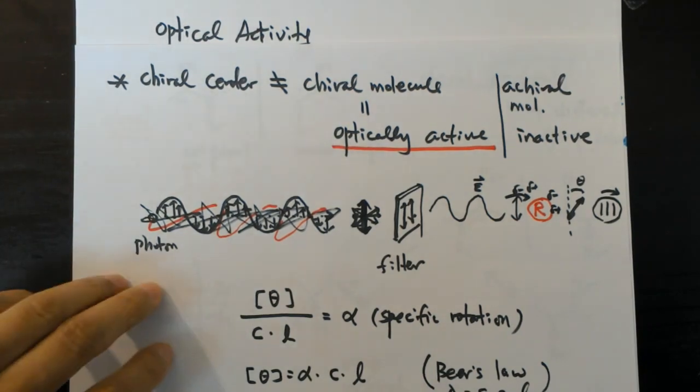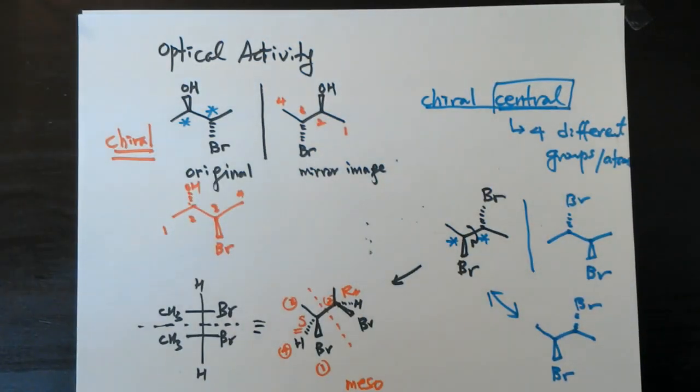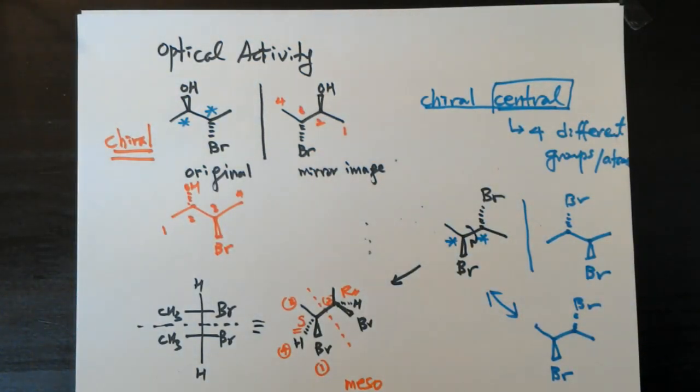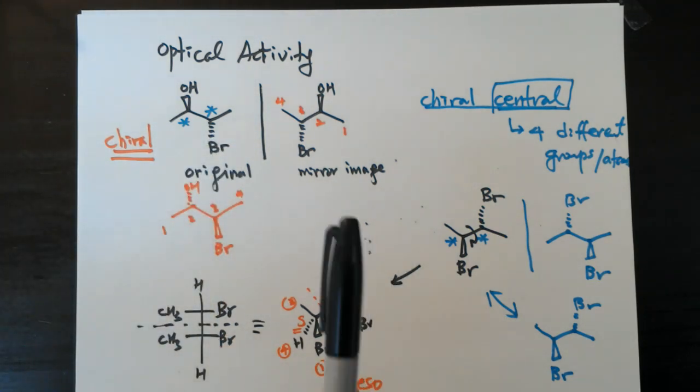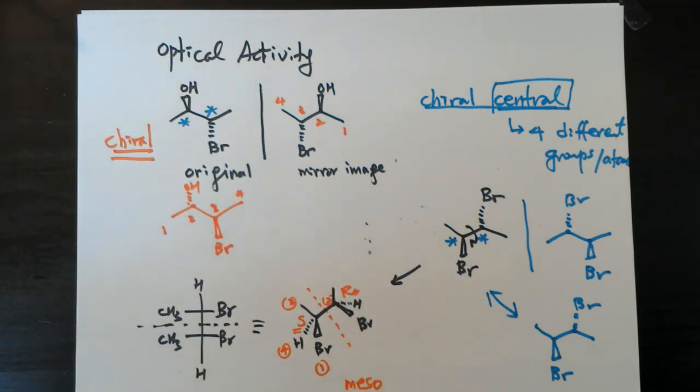So this explains why the optically inactive compound that has no distinct structure, which means the original and the mirror image are superimposable, has no optical rotation.